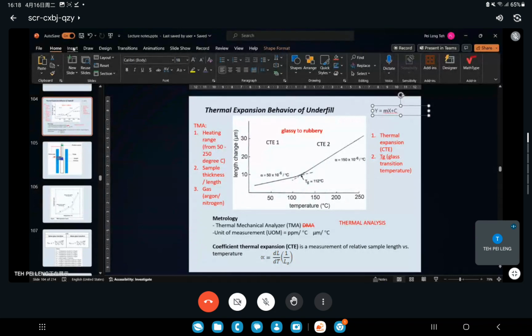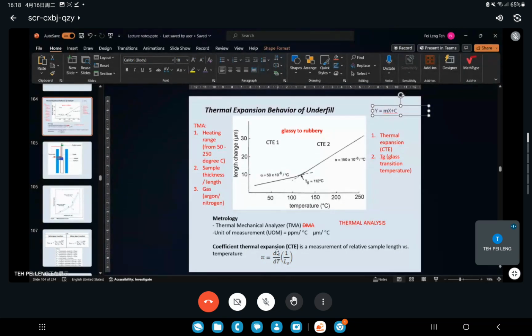Yes, the slope. If you want to calculate alpha 1, you take the slope here. How do you measure the slope? Still remember dy per dx, the difference in y value: y2 minus y1 over x2 minus x1. That is your slope.